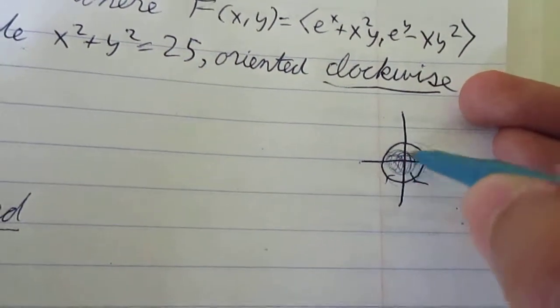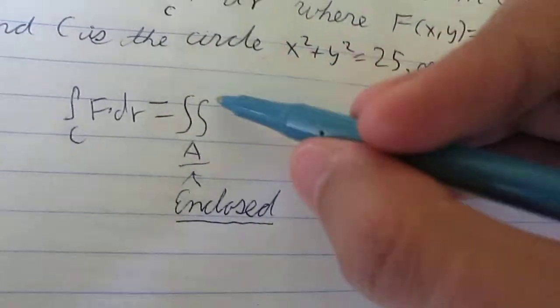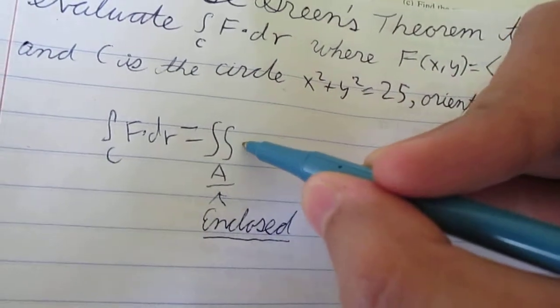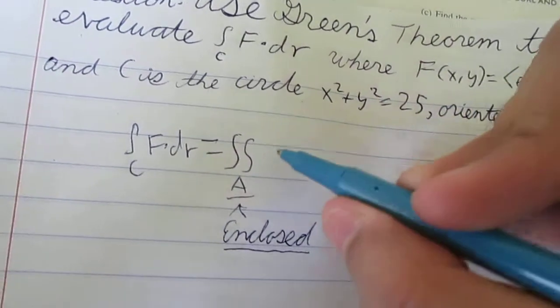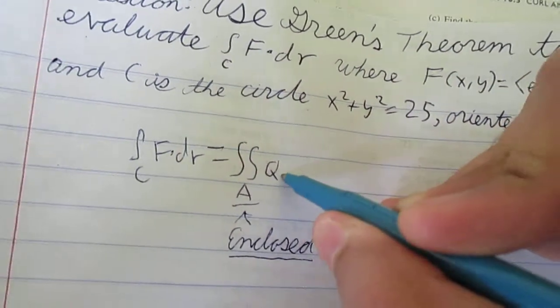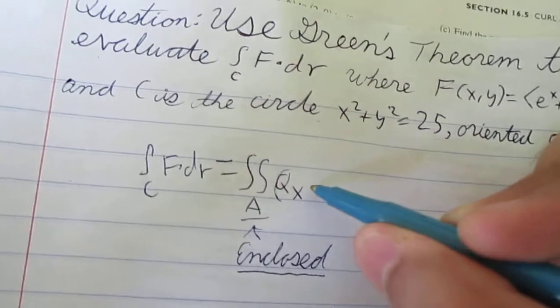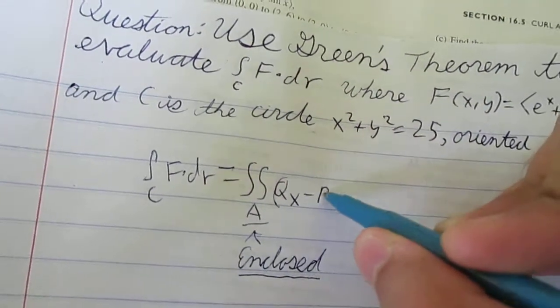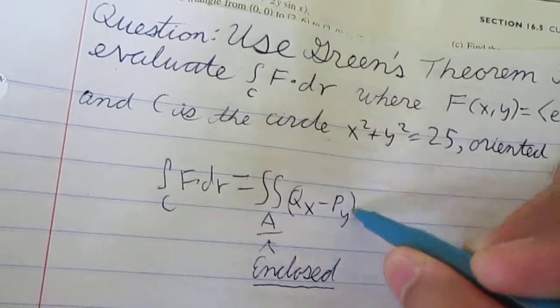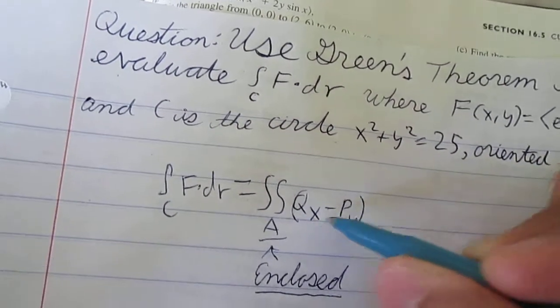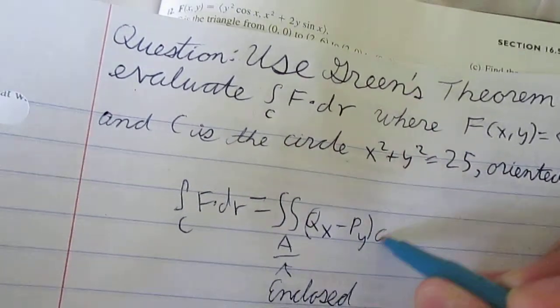That is the area we're going to integrate over. And the integrand is the partial of Q with respect to x minus the partial of P with respect to y, dA.